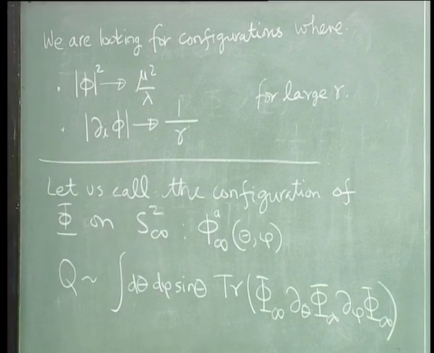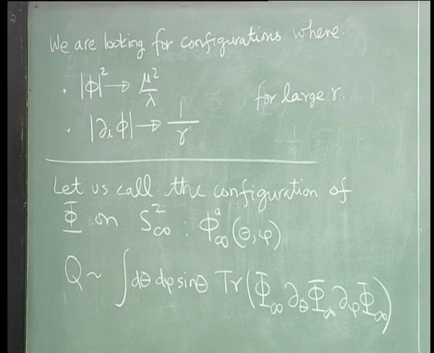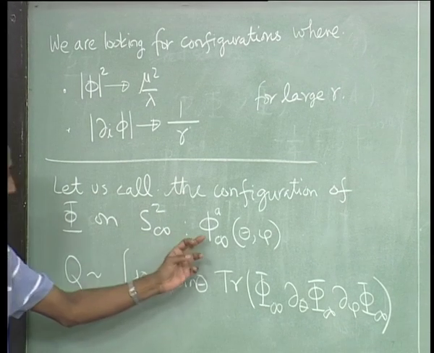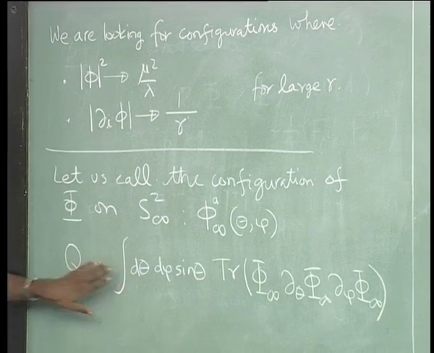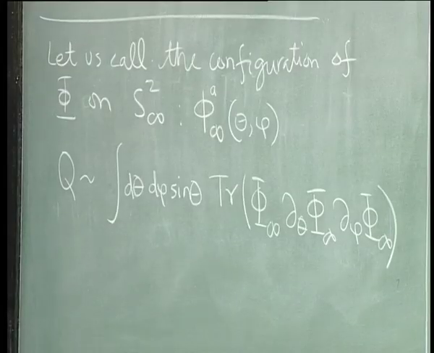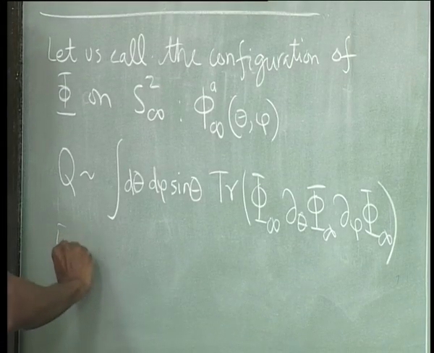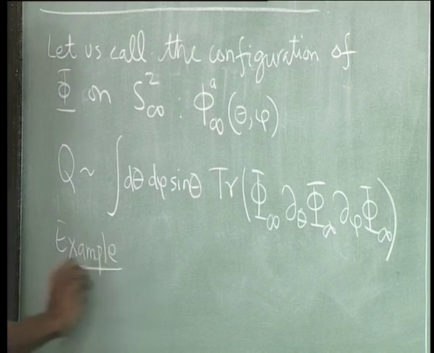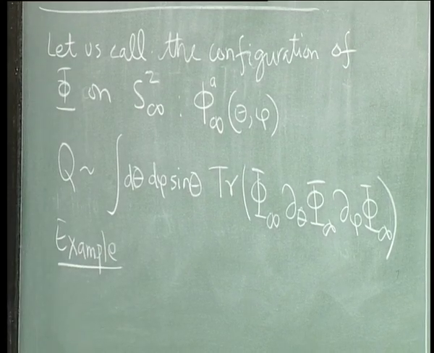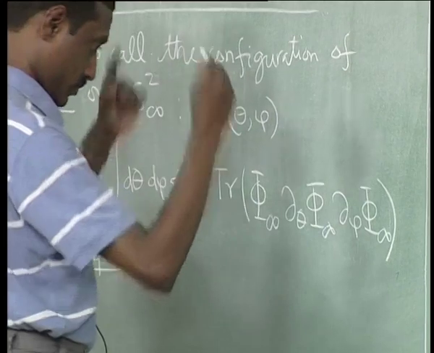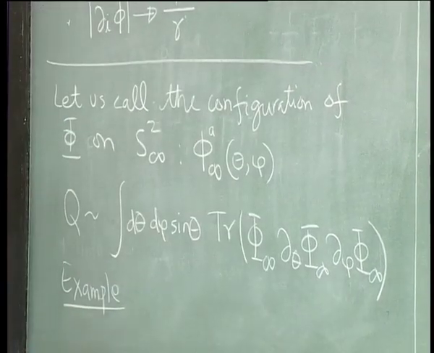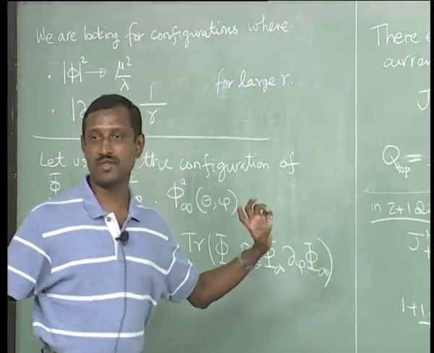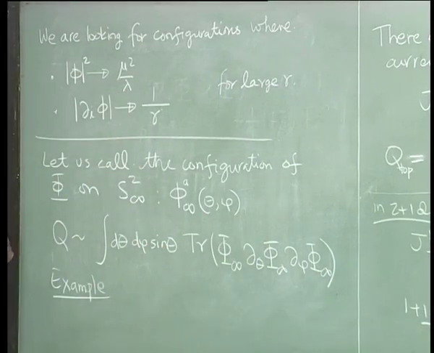Okay. And now what I will do is fix this constant by taking the simplest configuration, an example which I know is of minimal charge. I need to antisymmetrize, but that will just give me factors. So I just put one of them, the other one will not contribute.